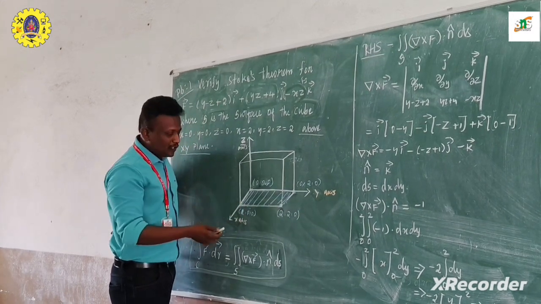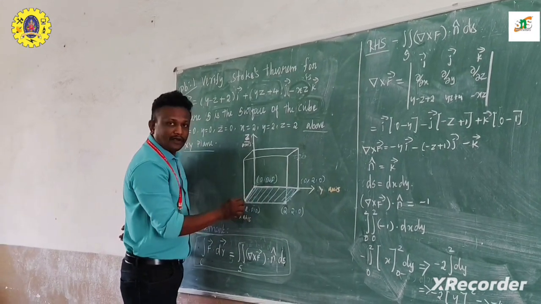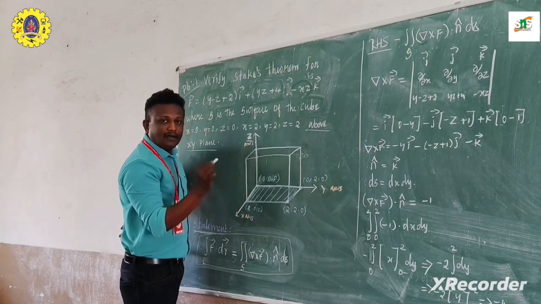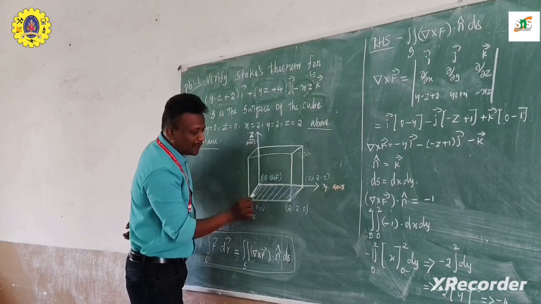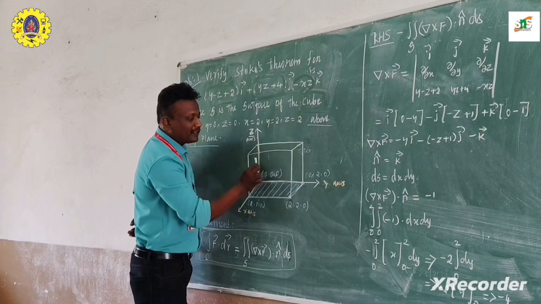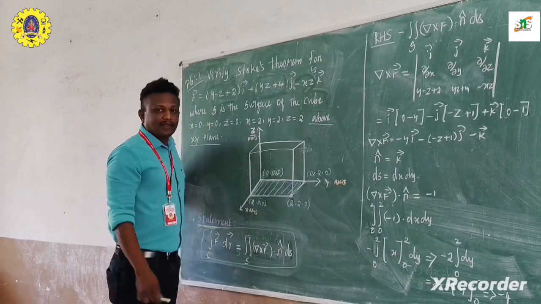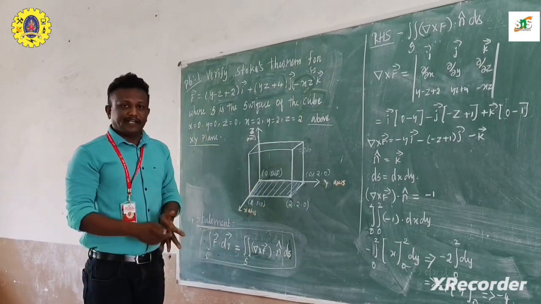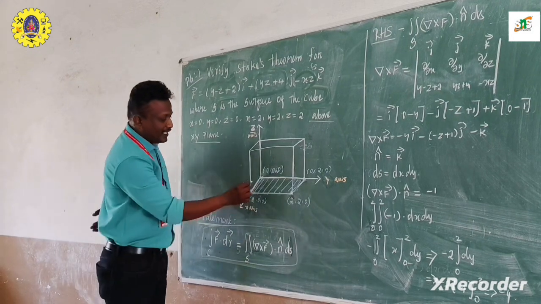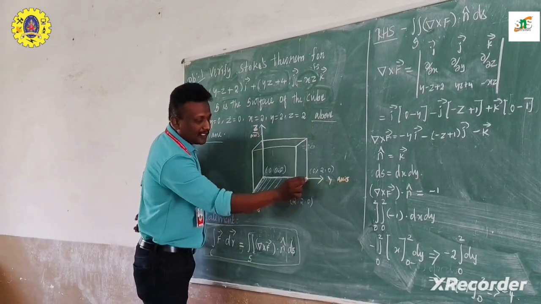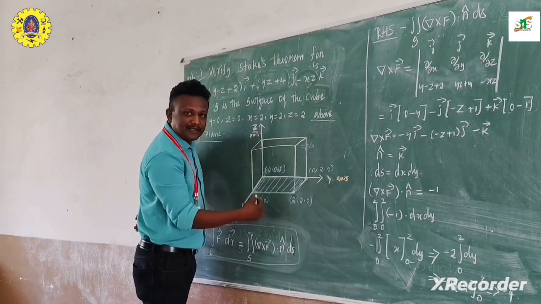We are going to calculate the rotation in the boundary line, and also verify that this is equal to the rotation in the surface. That we are going to verify. For that we need these 4 points, because these 4 points give us the boundary line.